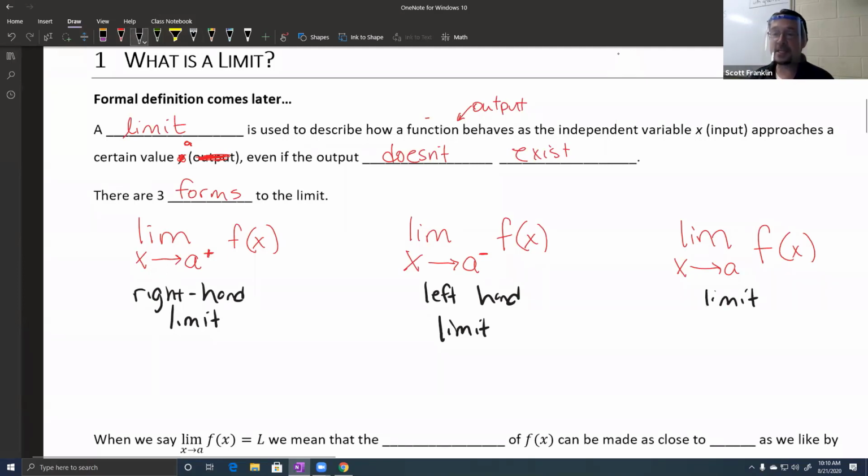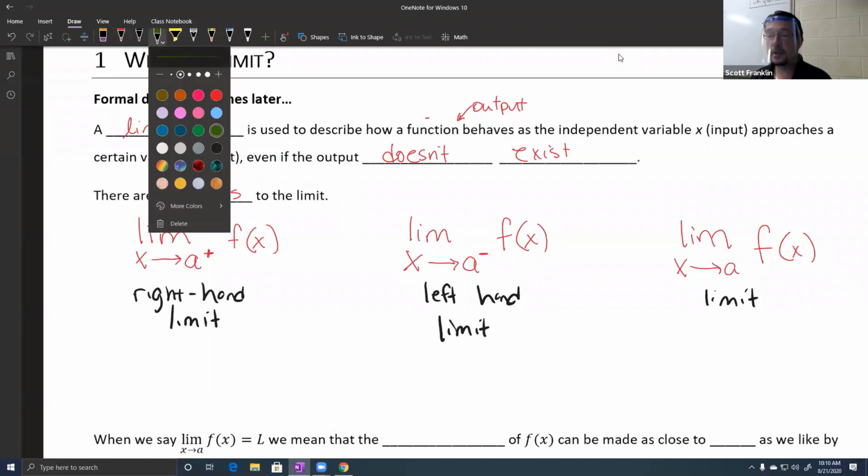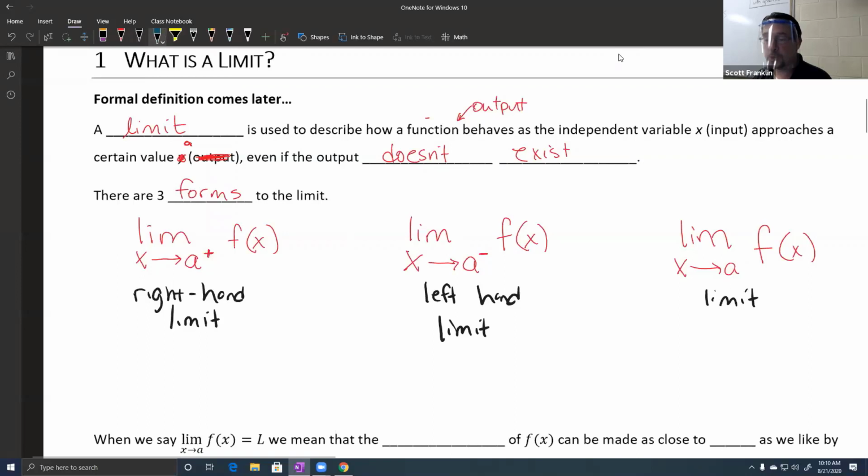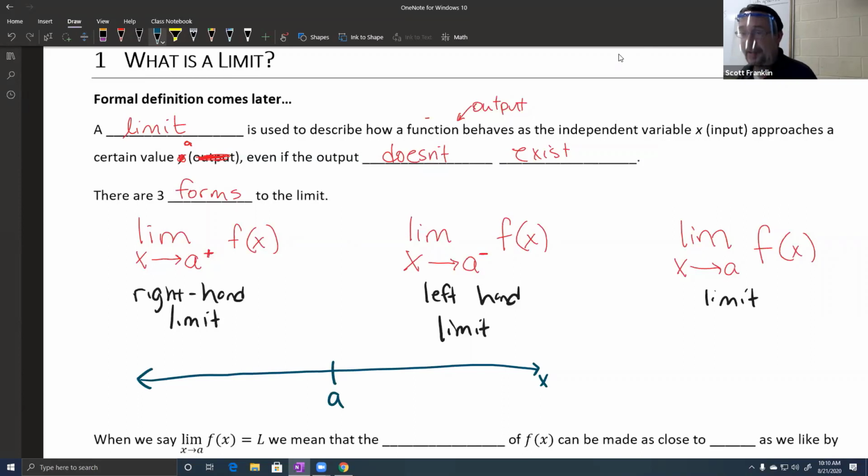Now the difference between these is, again, we're going to study what happens to the function as we approach a. So draw a horizontal number line. Imagine this is like the x-axis, and here's where the value a is. The right-hand limit is the limit as we come in from the right.